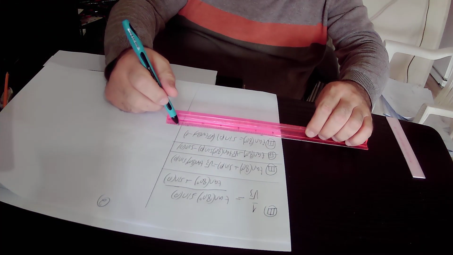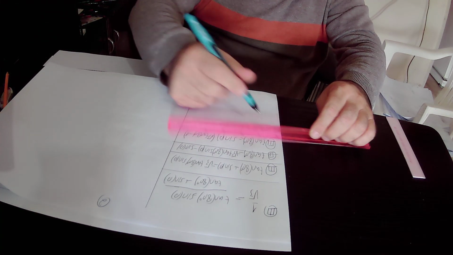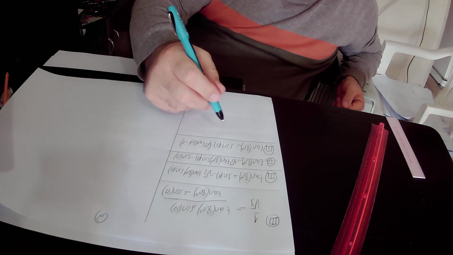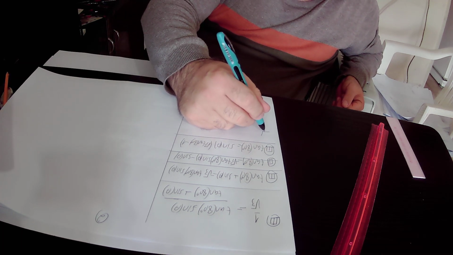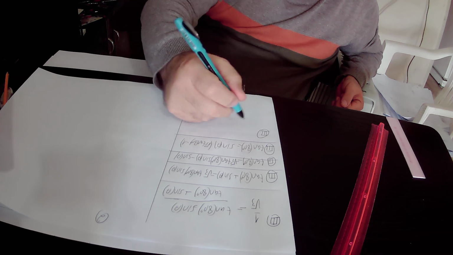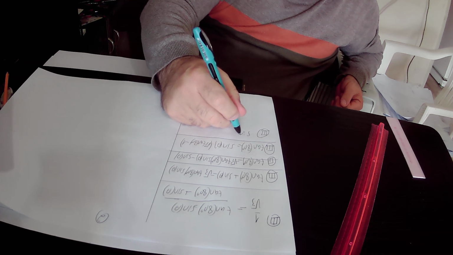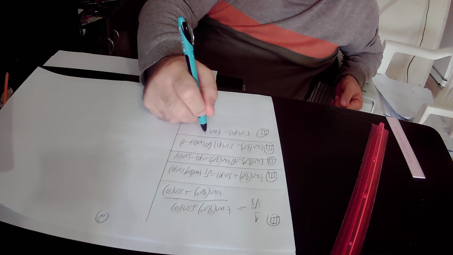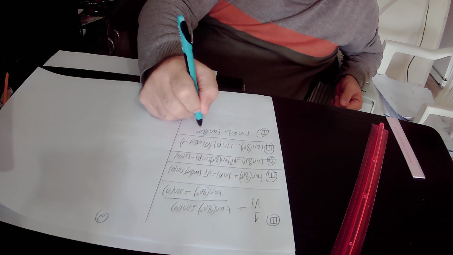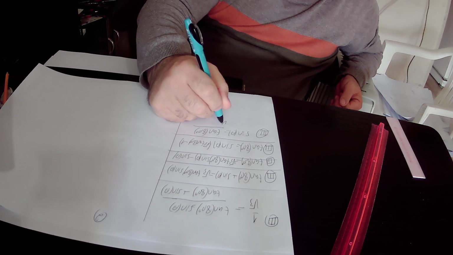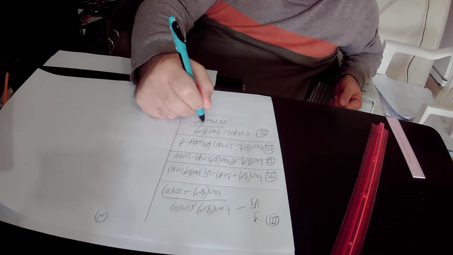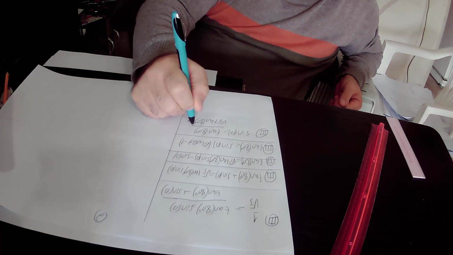So here we will divide equation number 3 by square root of 3 times tangent 80 degrees minus 1, and we will get that sine theta equals tangent 80 degrees over square root of 3 times tangent 80 degrees minus 1.